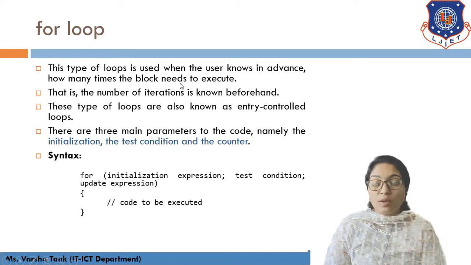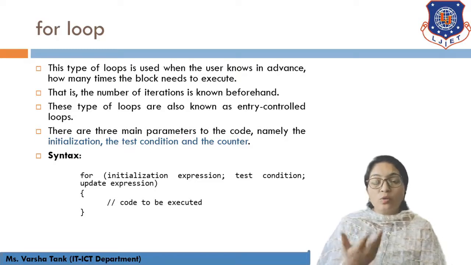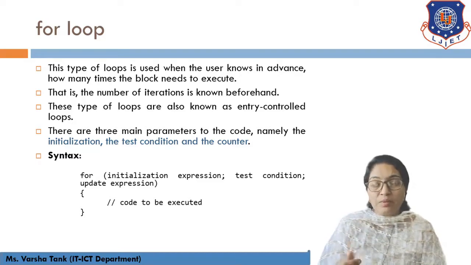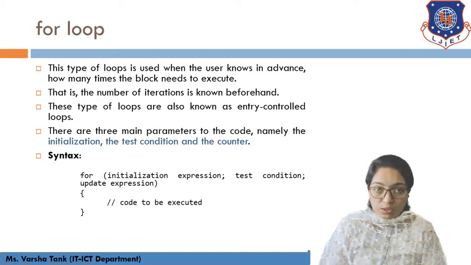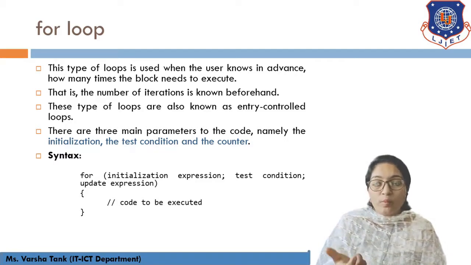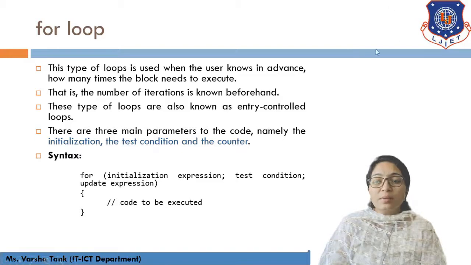For example, you know that you have to print hello world 100 times. That means the value is fixed, 100 times your loop will be executed. So you know beforehand how many times to execute the loop, and at that time you can use the for loop. That is, the number of iterations is known beforehand.